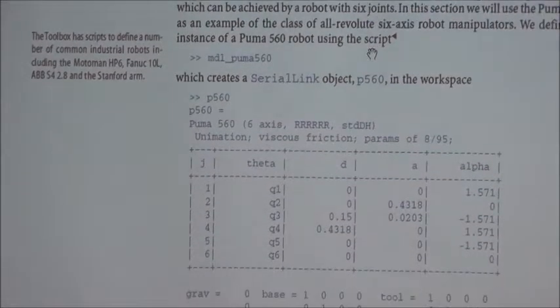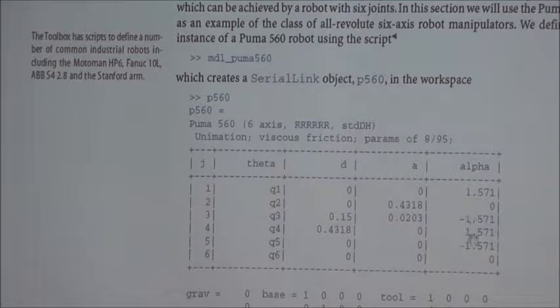Now for a 6-axis robot, 3 of the DH parameters are going to be constant, because once you build the robot, the distance between 2 successive axes is fixed. That's 0.4318 for the first to second, and 0.0203 for the third one, and then you have here the last part of the robot, the end effector.